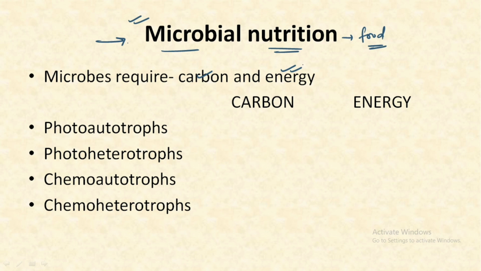So depending upon how a microbe takes on its nutrition, we have four main classes of microbial nutrition. The first one is the photoautotrophs, then photoheterotrophs, then chemoautotrophs, and also chemoheterotrophs. Each one of these microbes requires both carbon and energy for its survival.